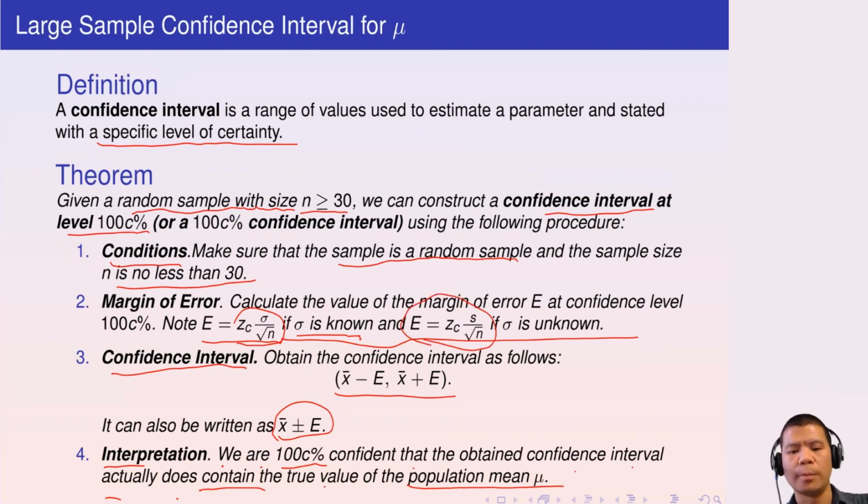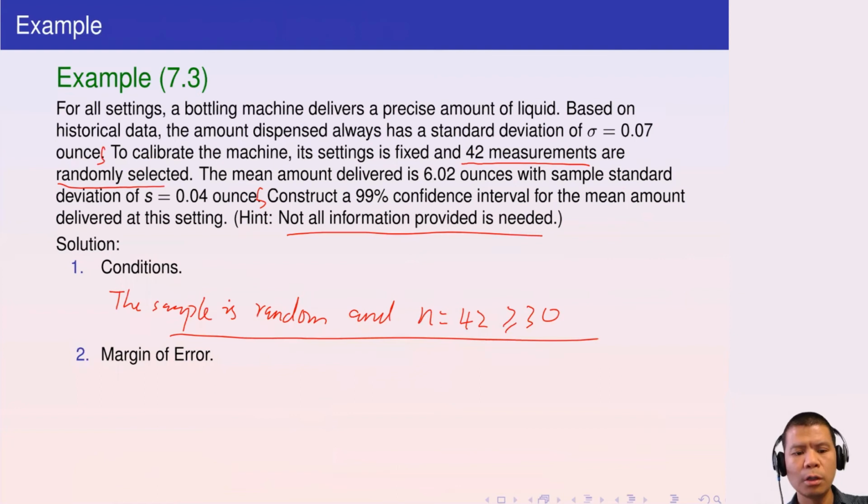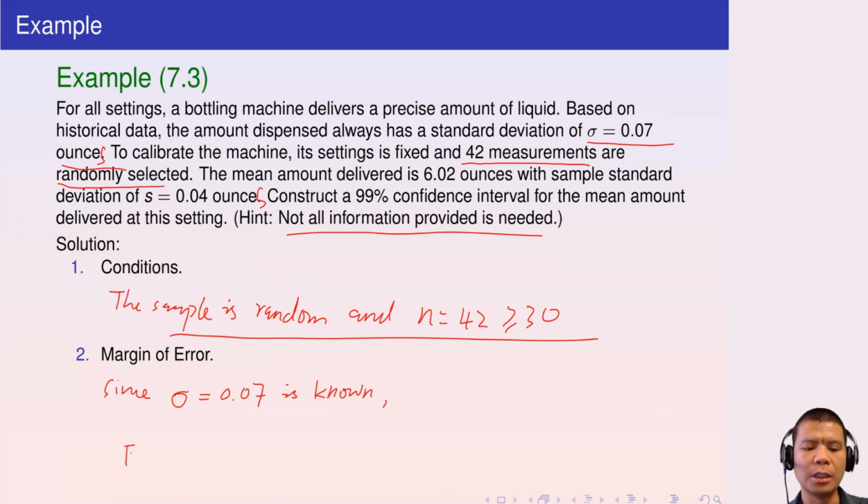Now for this one, do we know the value of sigma? Yes, it is given here. Since sigma, the population standard deviation, 0.07 is known, the margin of error E equals z_c times sigma over square root of n.